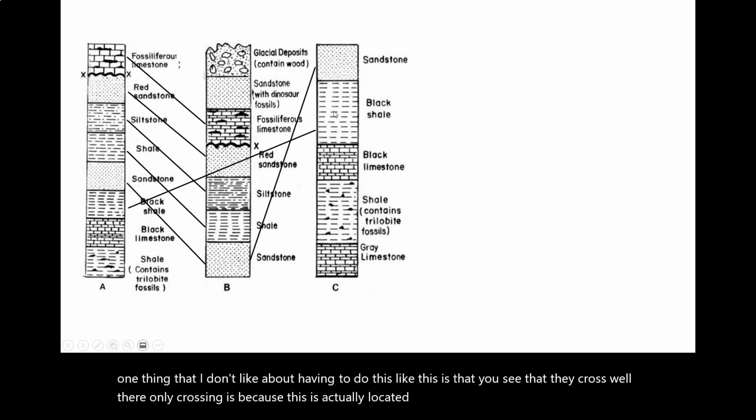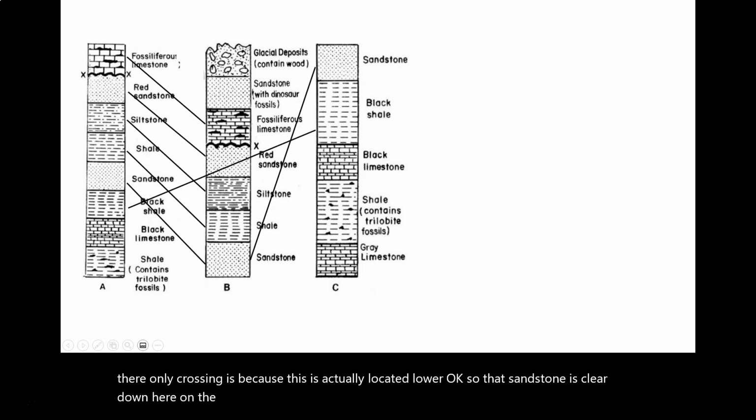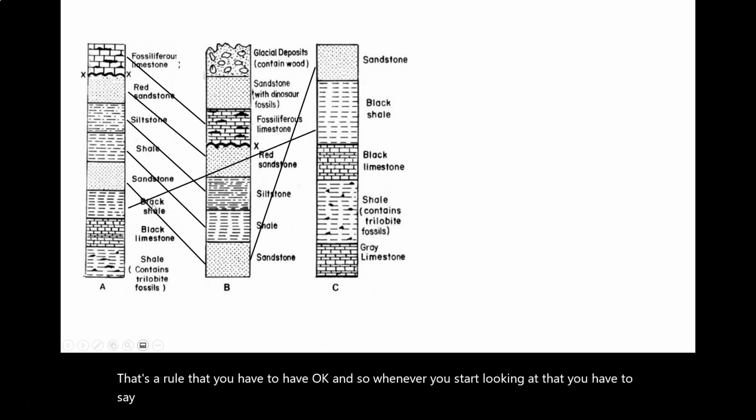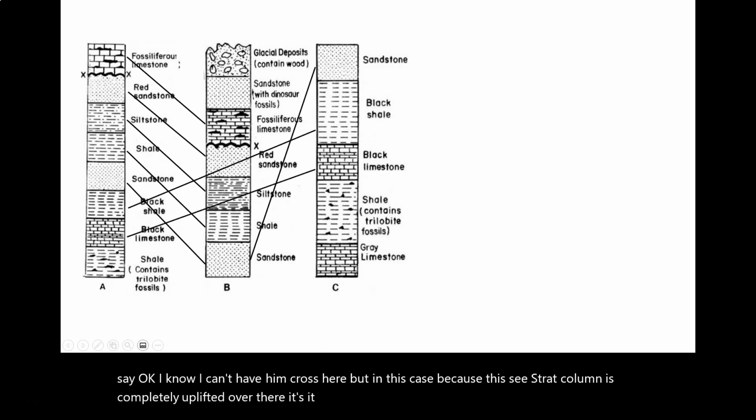Okay, so that sandstone is clear down here on the bottom. And so whenever you do this, notice how these over here do not cross. That's a rule that you have to have. Okay, and so whenever you start looking at that, you have to say, okay, I know I can't have them cross here, but in this case, because this C strat column is completely uplifted over there, it looks a little different. And then I match the black limestone, and then I match the shale.